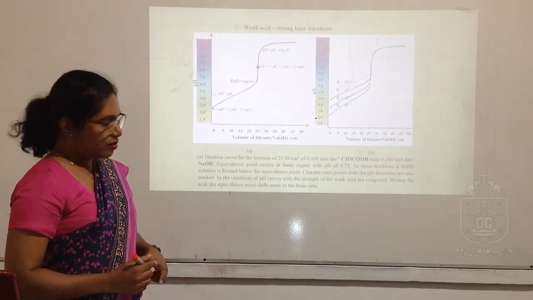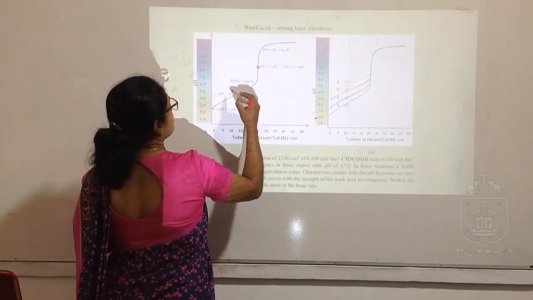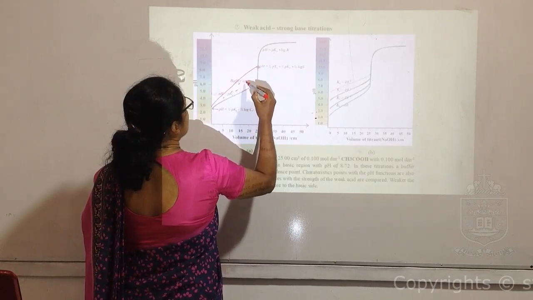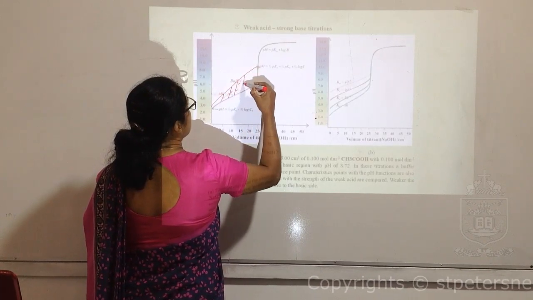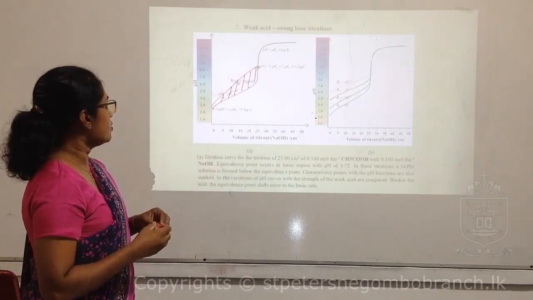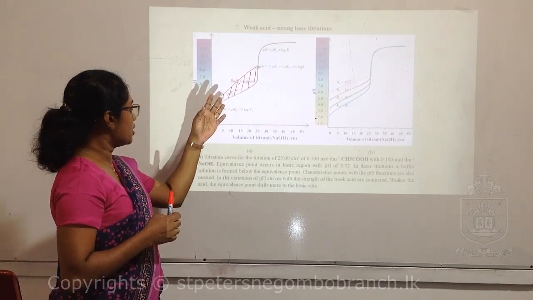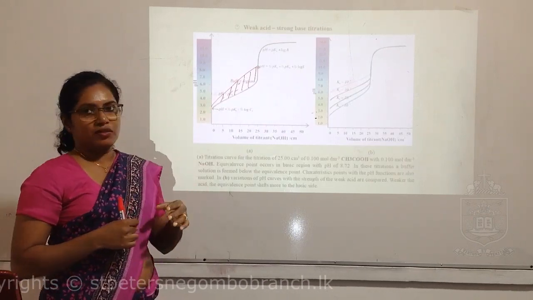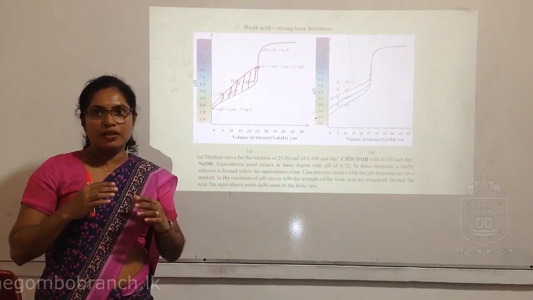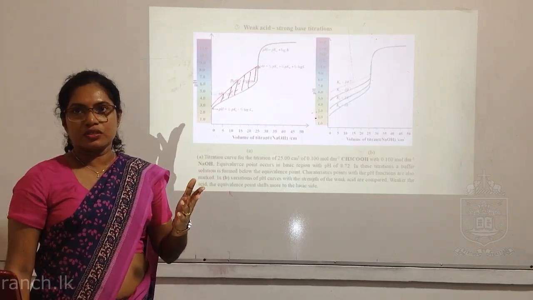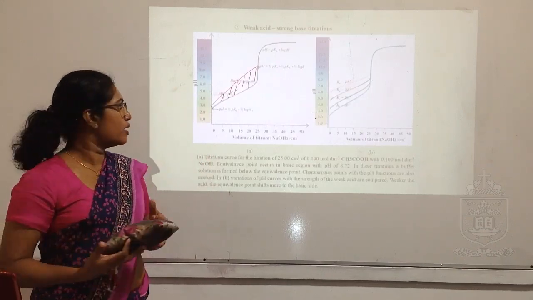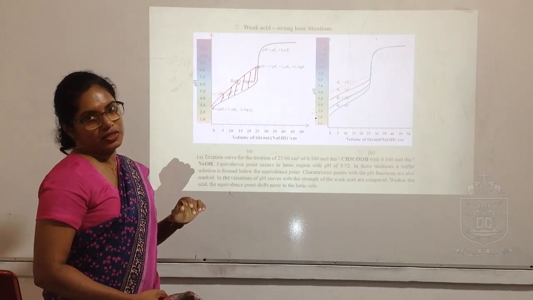There's a buffer region. This is the buffer region of this titration, because in this region we cannot find a steep change of pH. When we add base, the pH value does not change to higher values. Normally we call this area the buffer region.